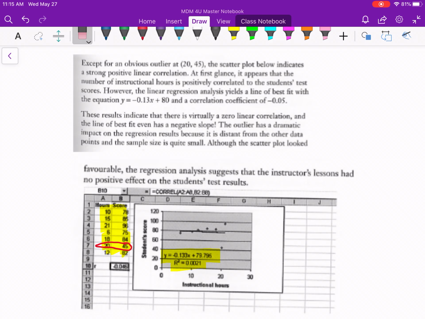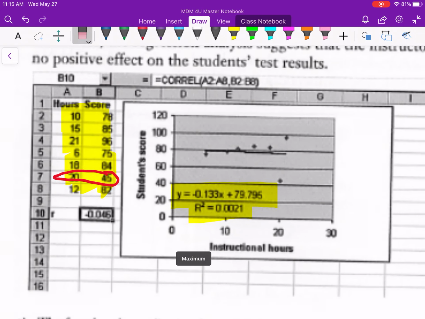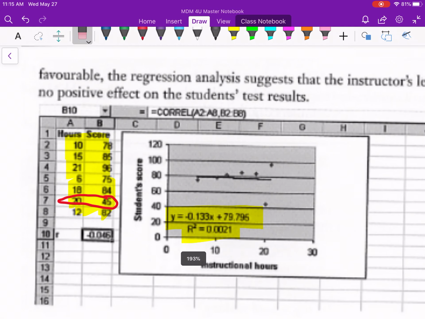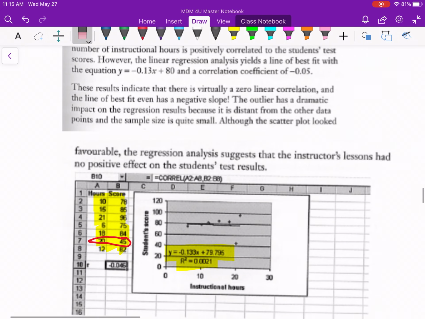However, the linear regression analysis yields a line of best fit that is negative 1.133x plus about 80. In other words, it's got an actual negative slope for the line of best fit.